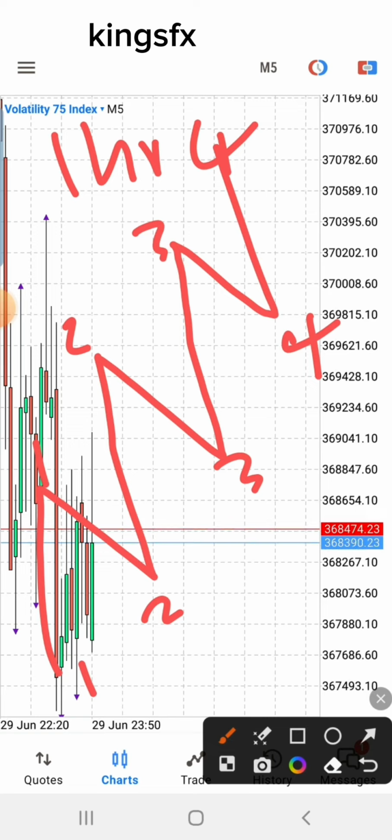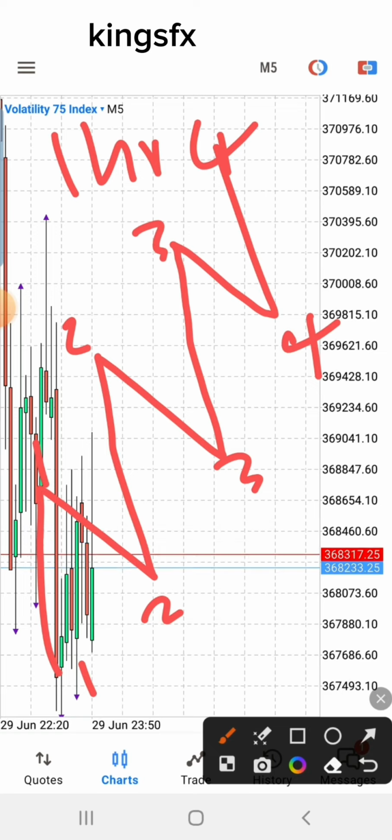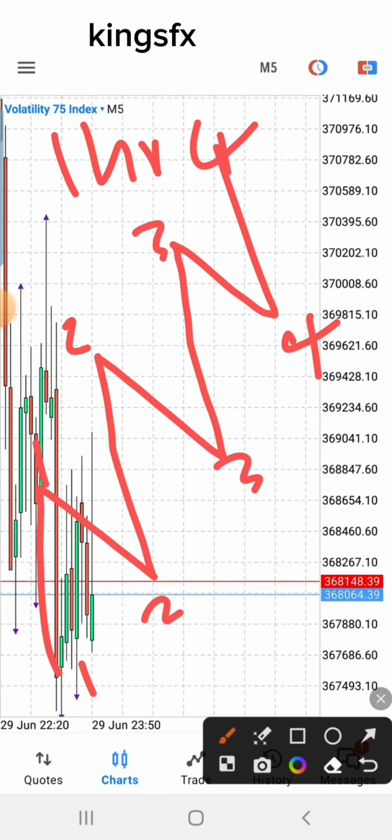Maybe you are trading trend lines, support and resistance, break and retest, flip zone, any strategy. First, if you are able to identify the time frame that is moving the trend, you have done more than half of the work, right? So this is the time frame that is moving the trend.